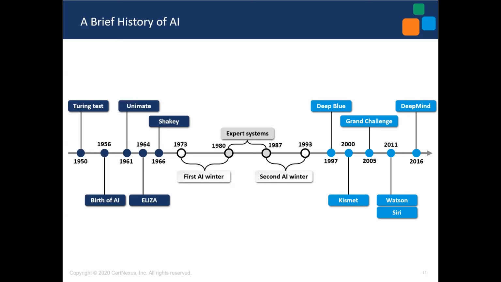And that next went to Kismet, which was a head-shaped robot. The Grand Challenge, which was out of DARPA here in the US, which was for an autonomous driving vehicle. The first year, there was no car that was able to complete the circuit. The second year, there were several able to do that. And then in 2011, IBM released Watson, which went on to beat, again, a champion, this time Jeopardy champions Ken Jennings and Brad Rutter, in a game of Jeopardy.